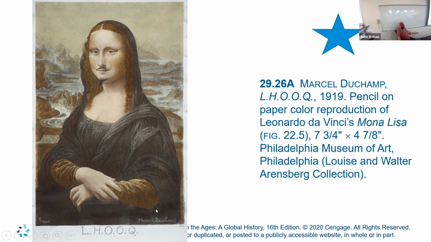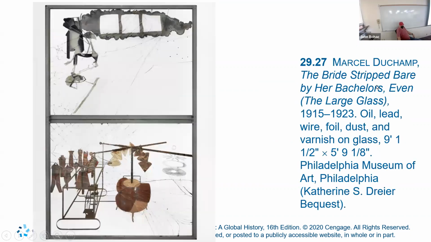And so Duchamp has this work called The Bride Stripped Bare by Her Bachelors, Even, the Large Glass. And it's really quite a construction, and it's full of all kinds of Freudian references.